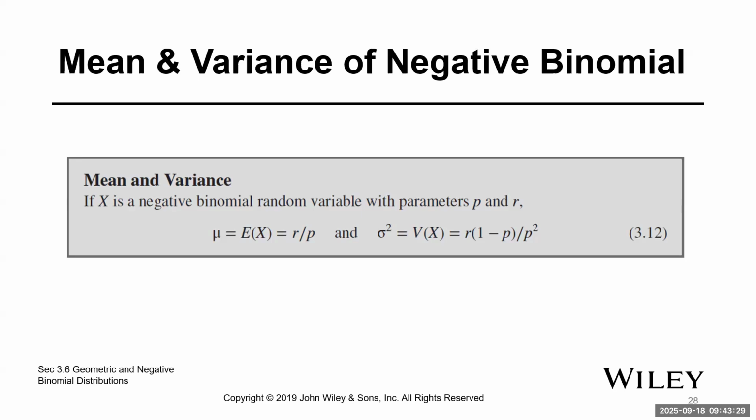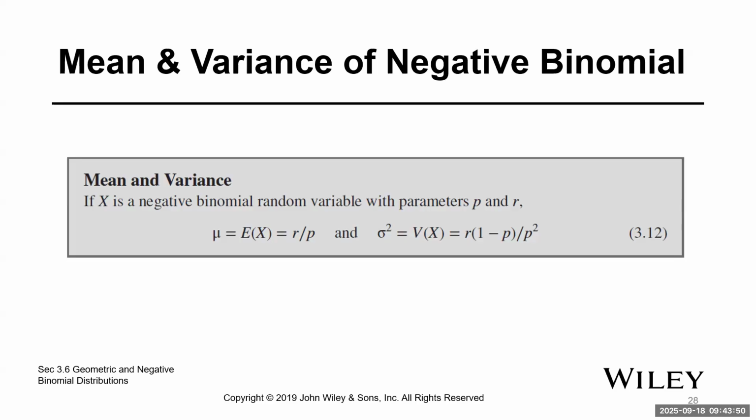Because we were looking for the number of trials to get that 1 success. Now we're looking for R number of successes, right? So instead of 1 over p, I have R over p. And instead of 1 minus p over p squared, I have R times 1 minus p over p squared. So you can see the relationship between the two.